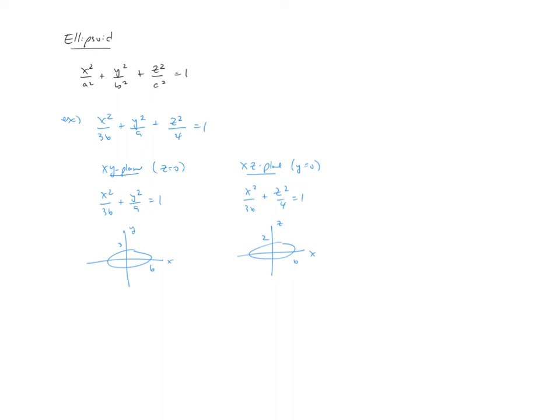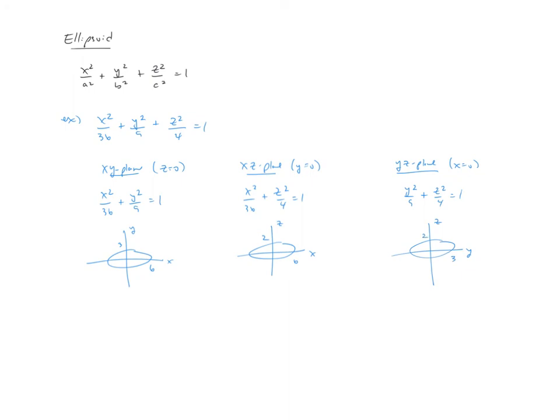And then finally, we'll move into the yz plane. This is where x is going to equal 0, and we'll have y squared over 9 plus z squared over 4 equals 1. Drawing this in R2 with a y-axis there and a z-axis there, that's going to give us now the ellipse with a 3 and a 2.